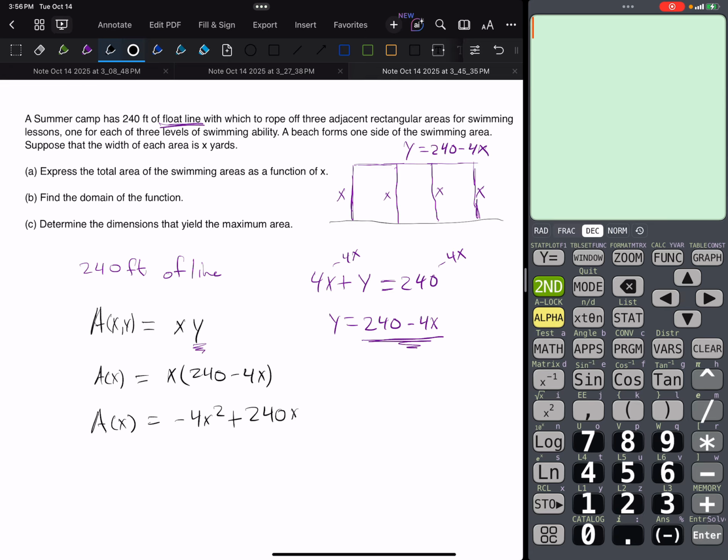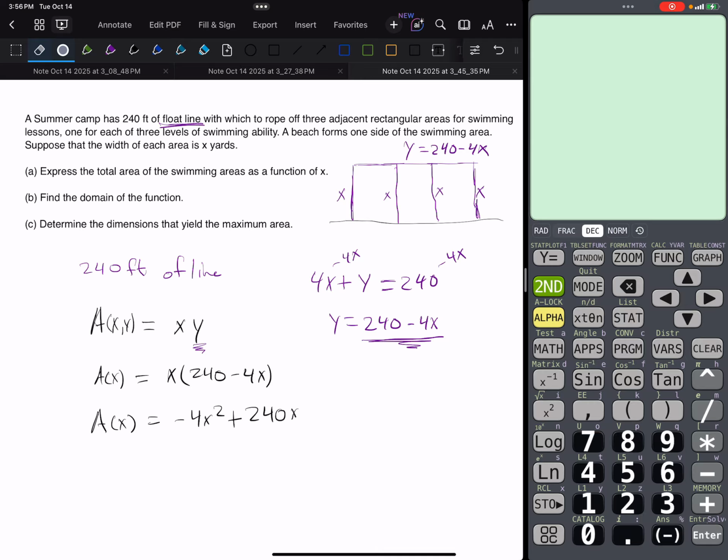And so I know that the basic shape of this thing is going to be that bowl pointed down. And so when it asks me to find this maximum area, I know that I'm going to be able to find a maximum value for area here, and it's going to give me an x value and an area value. And so I have a maximum area and then an x value that gives me the maximum area. That's kind of my roadmap, my plan. Okay.